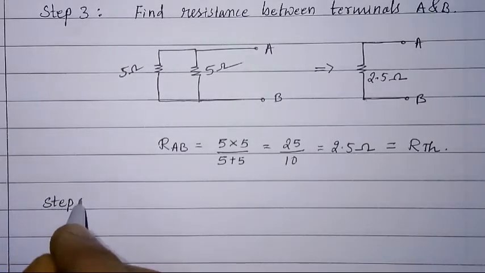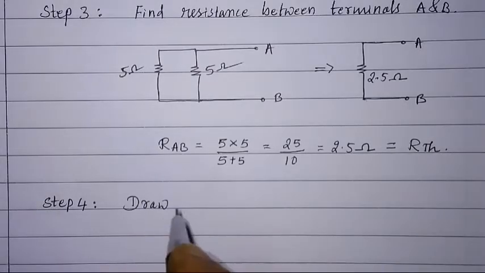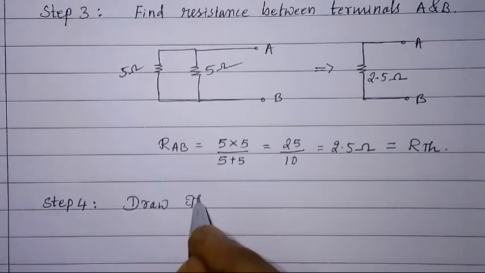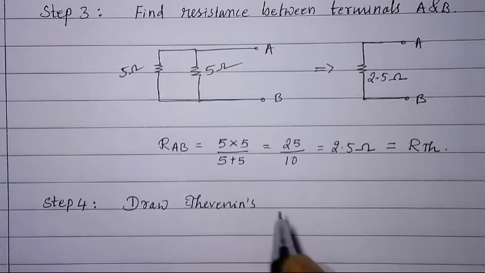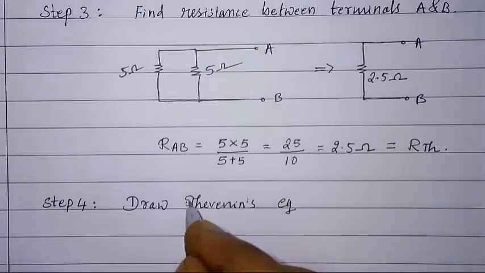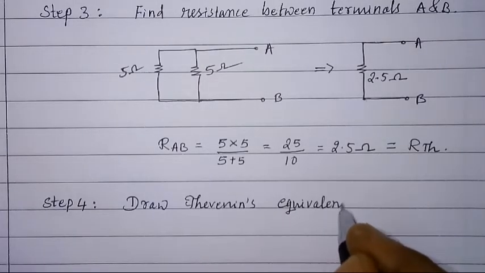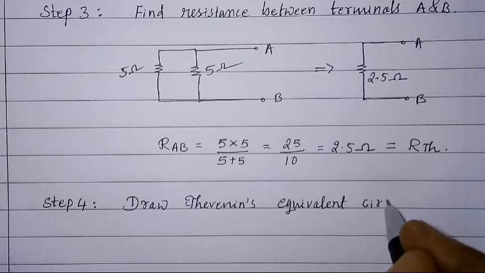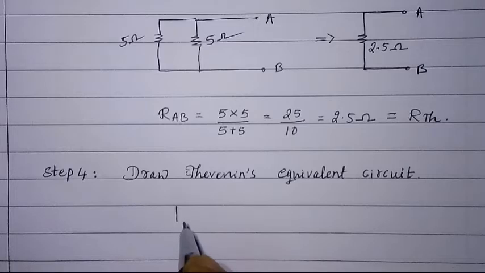Now write step 4 here. Draw Thevenin's equivalent circuit. What will it have now?